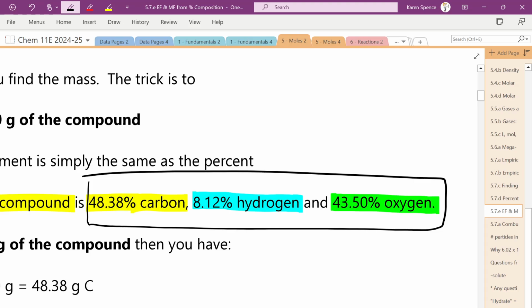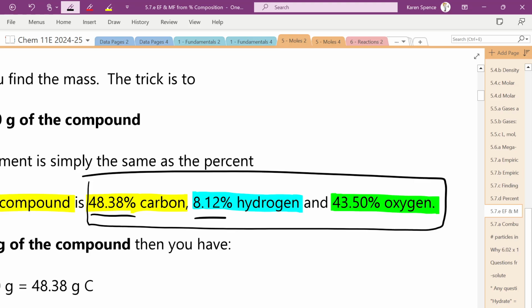Now, we're not given a total mass. What would be a really easy total mass to work with? 100, because if I have 100 grams of the compound, how much of that compound would be carbon? 48.38. If I have 100 grams of the compound, how much would be hydrogen? 8.12 grams. Is this making sense?